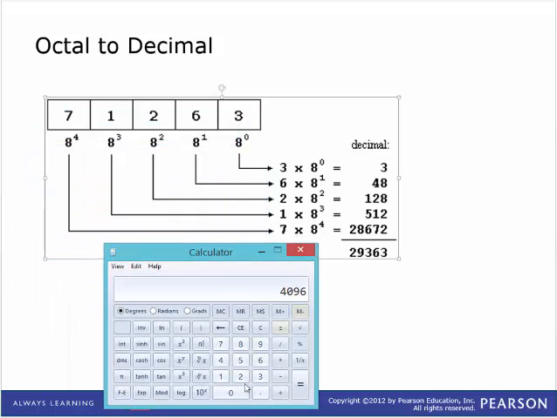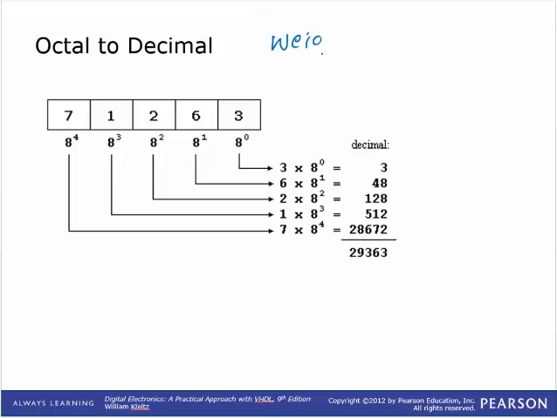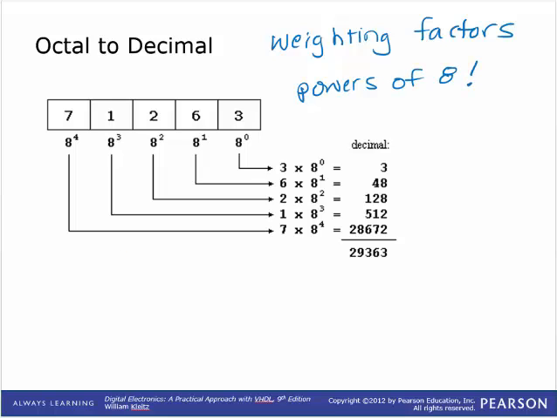So I have 7 times 4096 is 28,672. So that's my octal to decimal conversion using weighting factors. And our weighting factors are powers of 8. Write that down. So we can go octal to decimal.